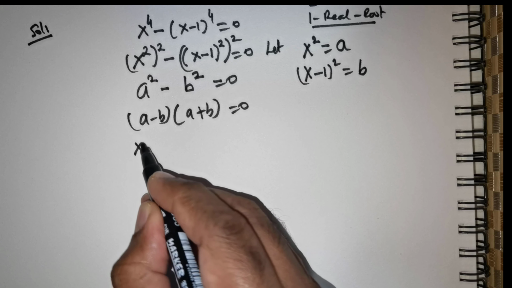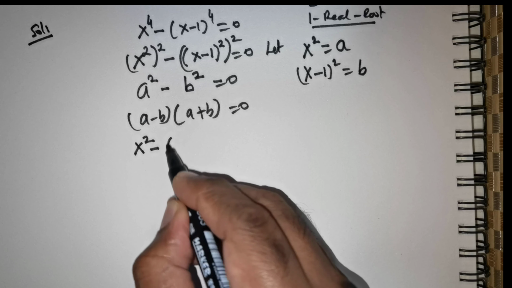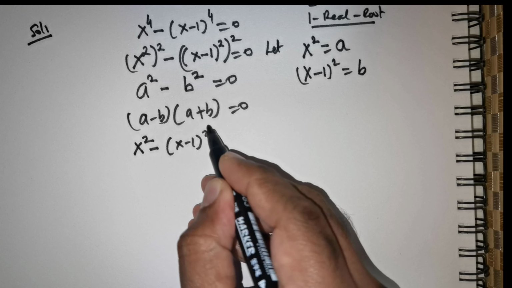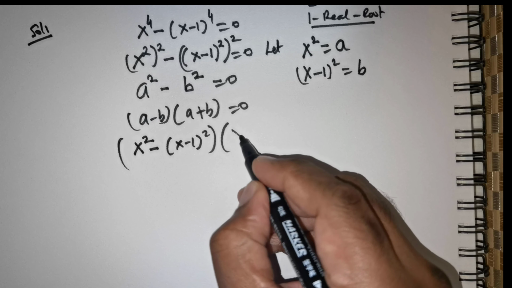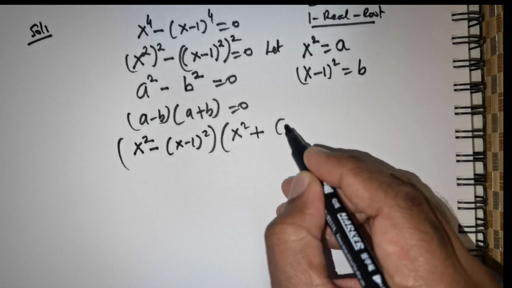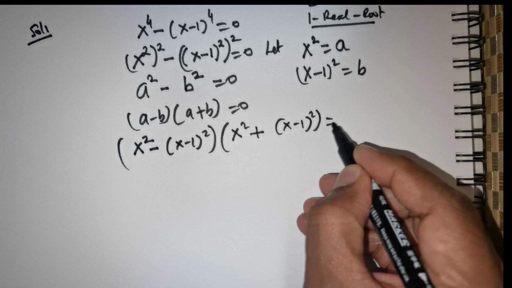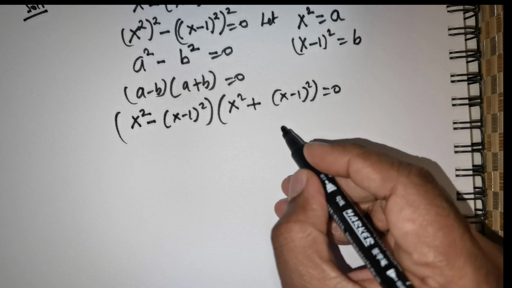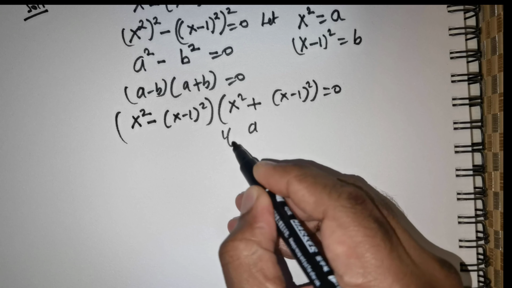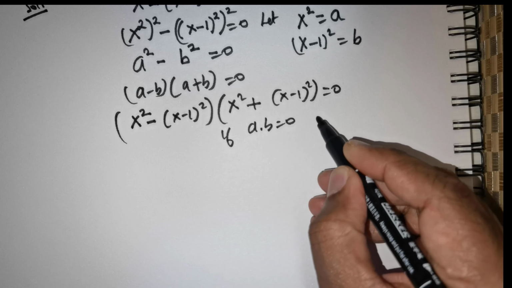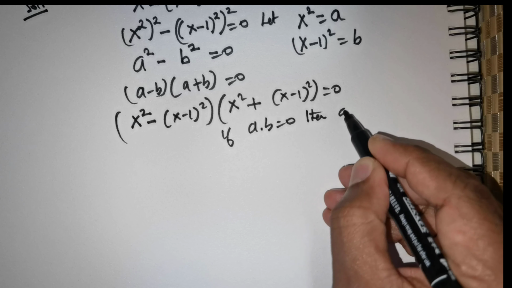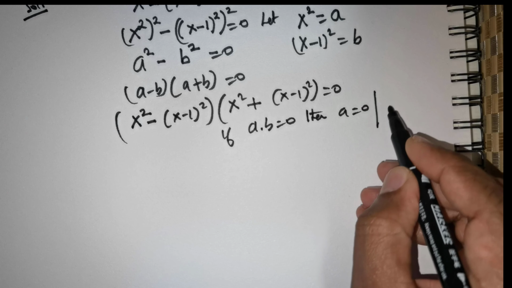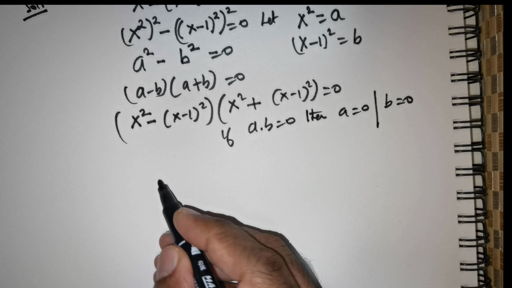So this is nothing but (x squared - (x - 1) squared) and (x squared + (x - 1) squared) is equal to 0. Now I've got two components whose product is equal to 0. Now from algebra I know that if a times b is equal to 0, then either a is equal to 0 or b is equal to 0.